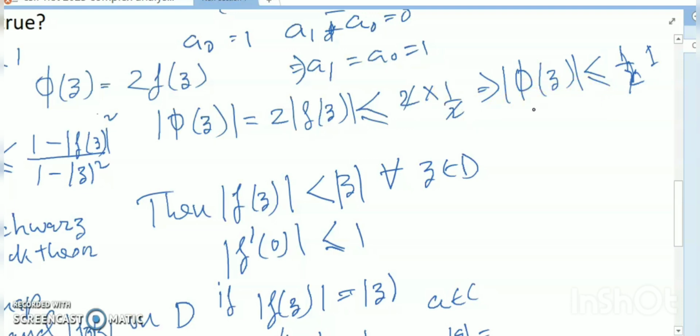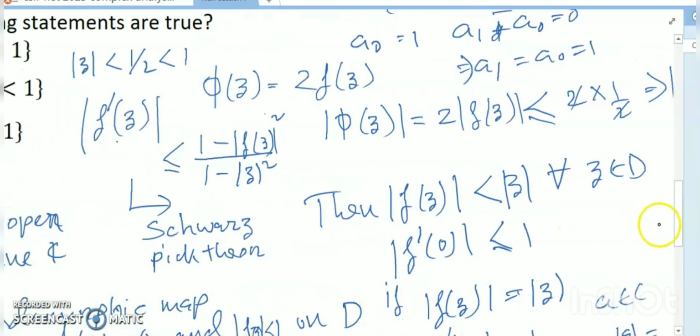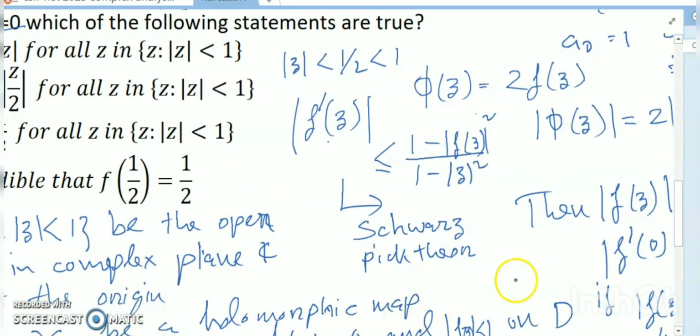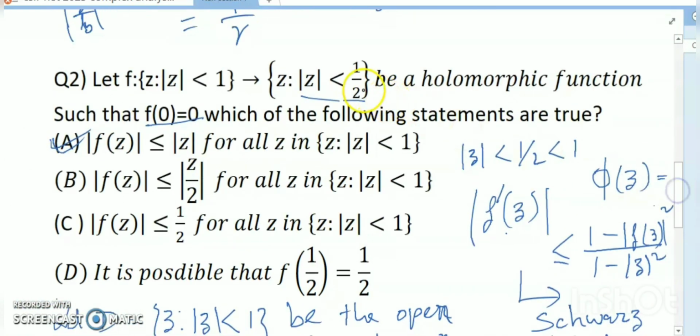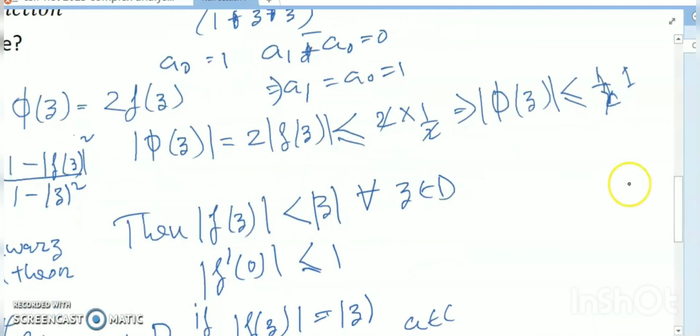The codomain, according to the question, is less than half. This is true for all z belonging to D.